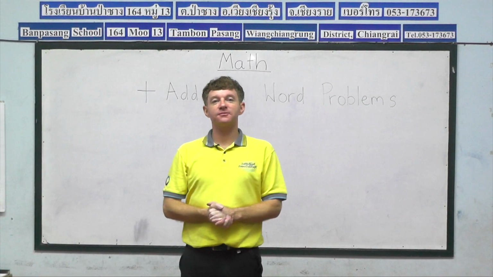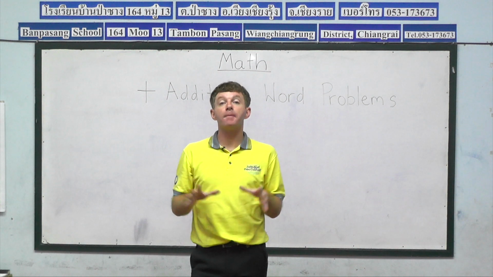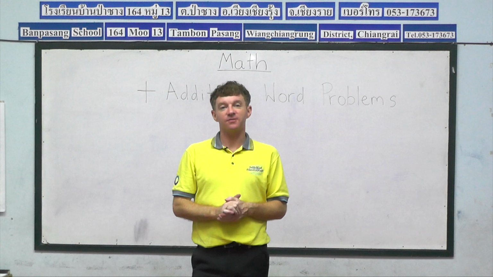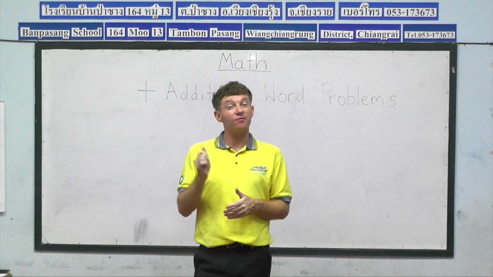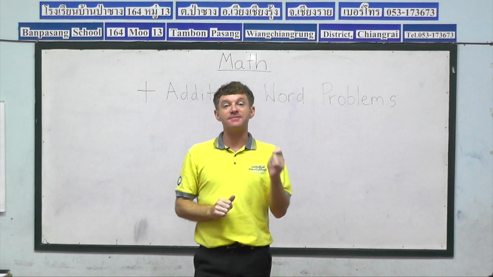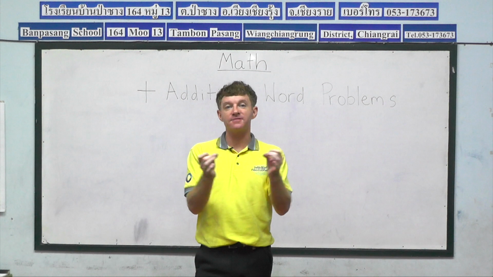Welcome back to class. We hope your students enjoyed the PowerPoint presentation about how to read, understand, and answer addition word problems. The first thing to do is to read the sentences and then identify the numbers within the sentences that we need to add together.